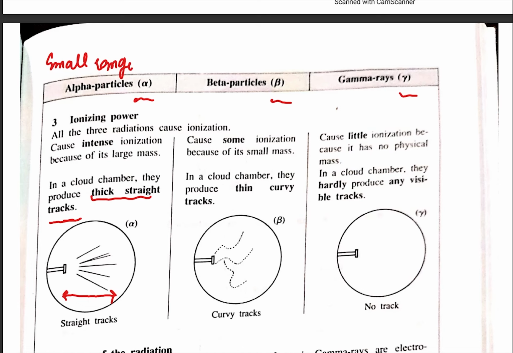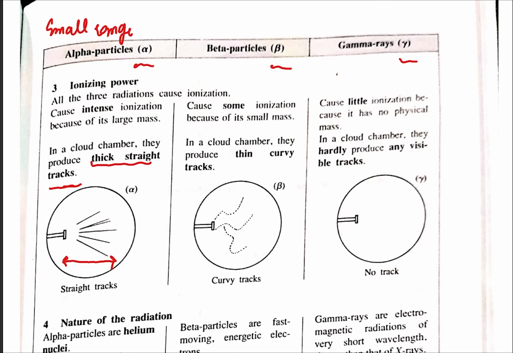It's very huge in comparison to beta and gamma, so it collides with many air particles on its way from the point it's generated to the point it ends its life. Since it's very large, the frequency of it colliding with the air particles already present inside the chamber is very high, so it is not possible for the alpha particle to continue for a longer distance.